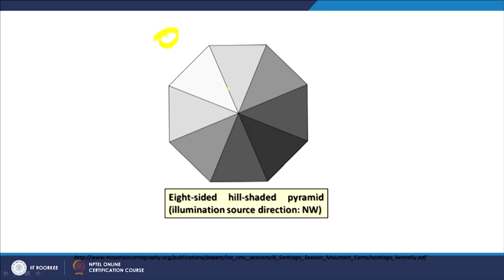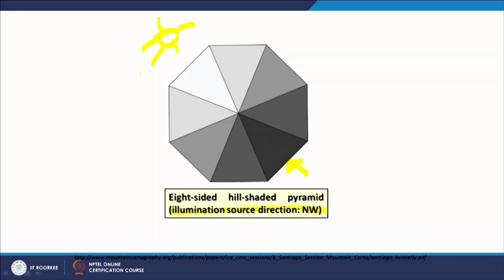That is why it is highly illuminated, since it has some angle. So, it is not 100% white, and this side is also not 100% dark, but it depends on the height of the sun and, of course, the slope also. The illumination source direction, as I have already said, is in the northwest direction in this scenario. So, 8 sides, because like aspect, we follow similar things here also.